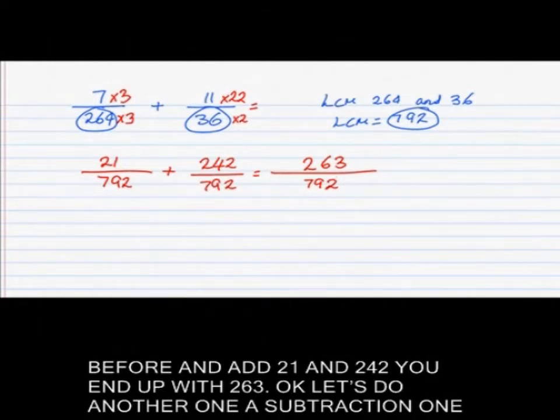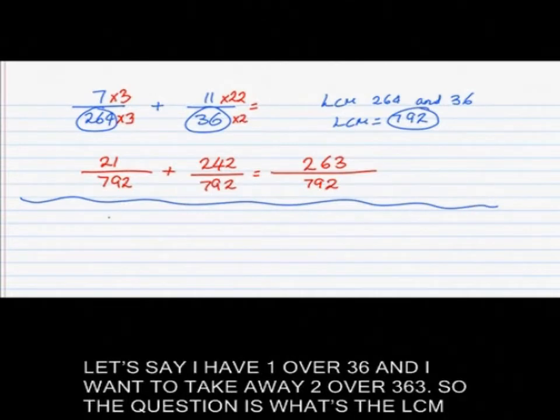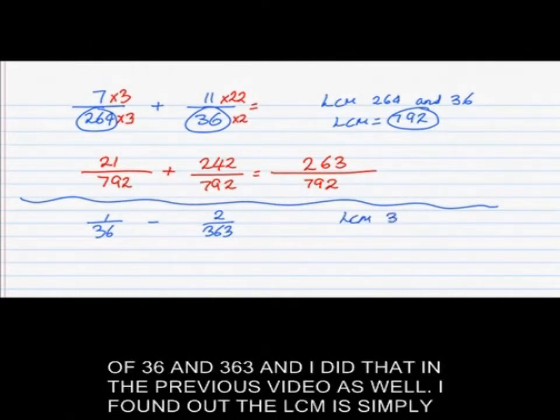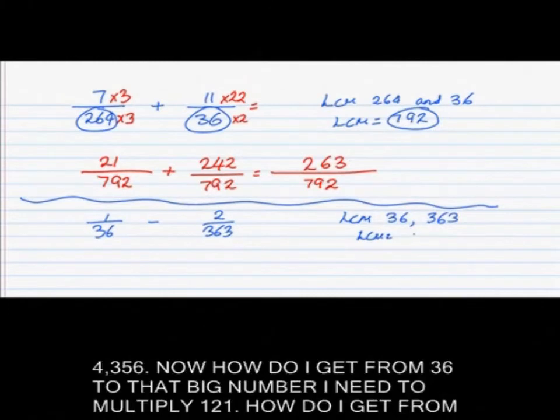Okay, let's do another one. A subtraction one. Let's say I have 1 over 36 and I want to take away 2 over 363. So the question is, what's the LCM of 36 and 363? And I did that in the previous video as well. I found that the LCM is simply 4,356. Now, how do I get from 36 to that big number?